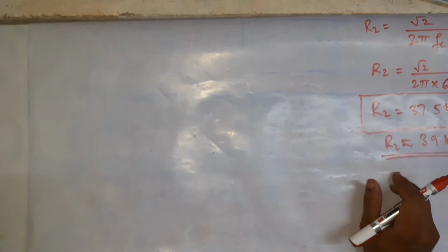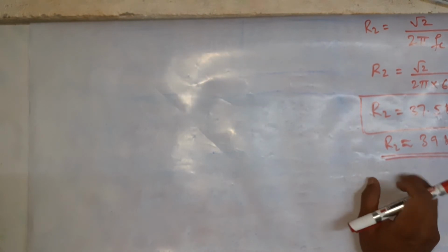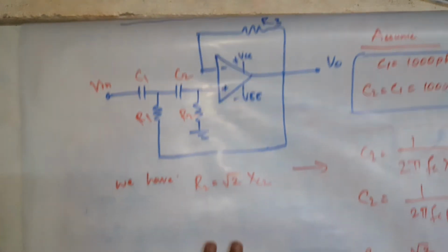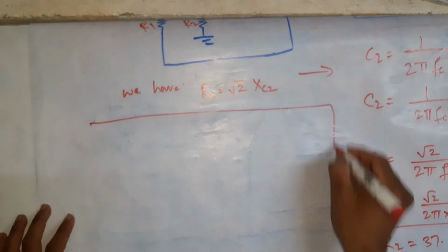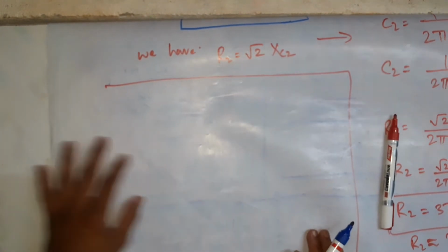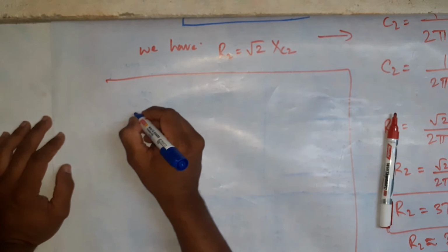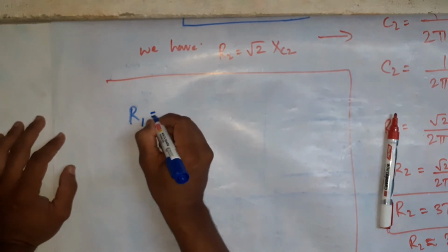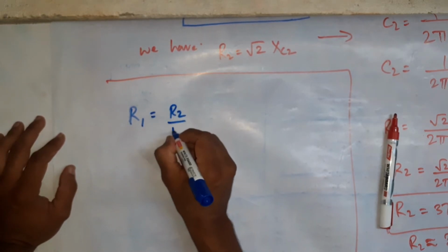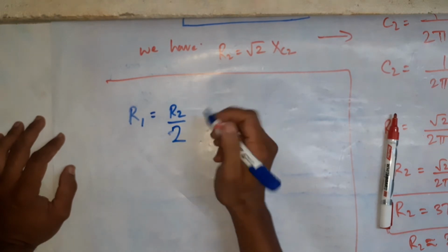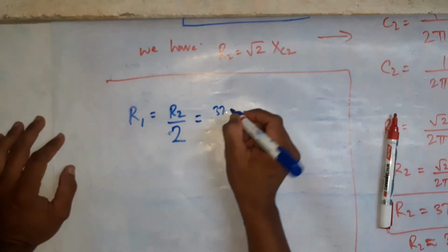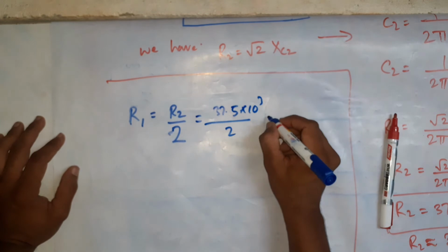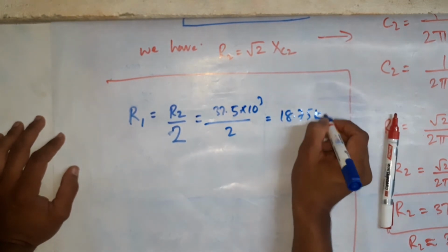Where I was: we got R2, we have C1 and C2. What is remaining? R1 and R3 are remaining. Let us see how to solve this. As per the design, the R1 value should be half of R2. We have R2 as 37.5 K, so half of that is 18.75 kilo ohm.